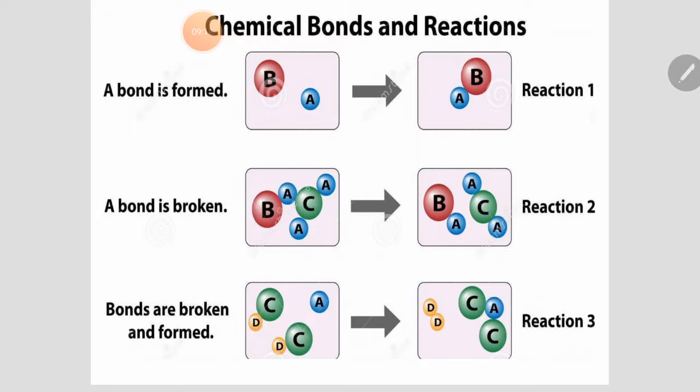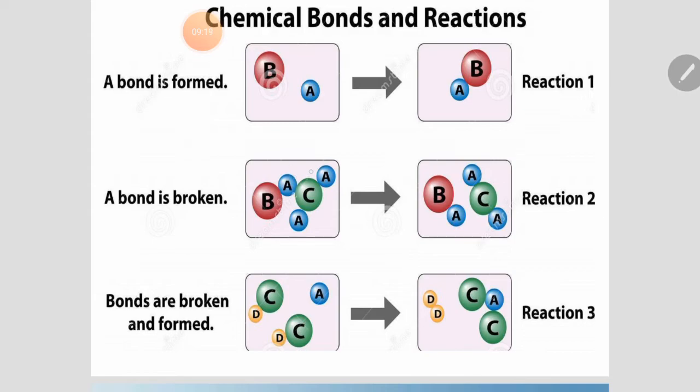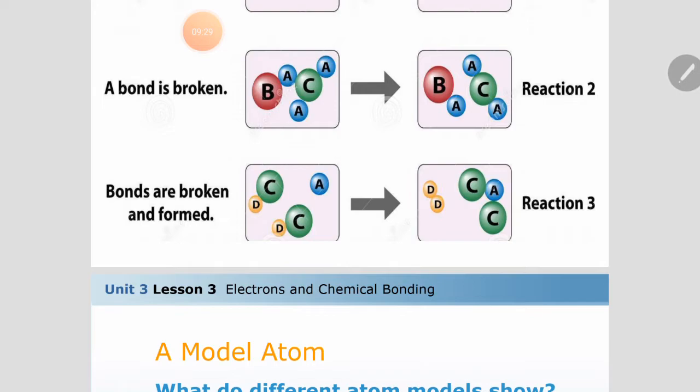Then, some of these chemical bonds were broken. Let's say the chemical bond here between C and A is broken. So a bond is broken. Okay. In some other chemical reactions, some bonds are broken or some bonds are formed.